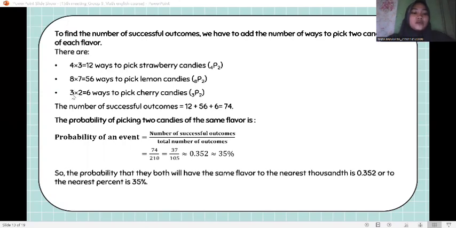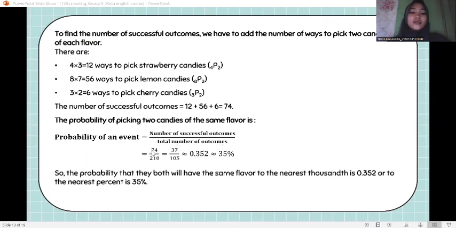And 3 times 2 equals 6 ways to pick cherry candies, which is permutation 3 of 2. The number of successful outcomes equals 12 plus 56 plus 6 equals 74. The probability of picking two candies of the same flavor is the probability of an event, which equals the number of successful outcomes divided by the total number of outcomes.